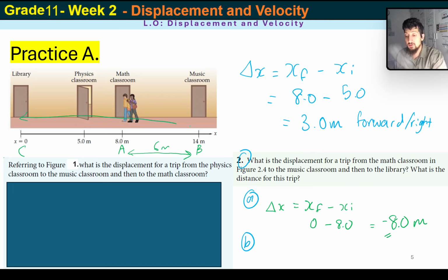So we've got 14 plus 6. Distance is going to be 14 meters plus 6 meters, which simply equals 20 meters. And we don't need a direction for the distance. In fact, distance is a scalar, and scalar quantities do not have a direction. So you just say the size, it's 20 meters, that's all you need to say. Okay? Let's keep going.